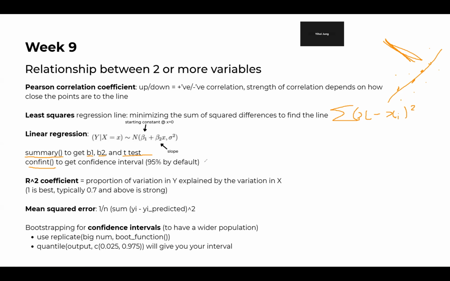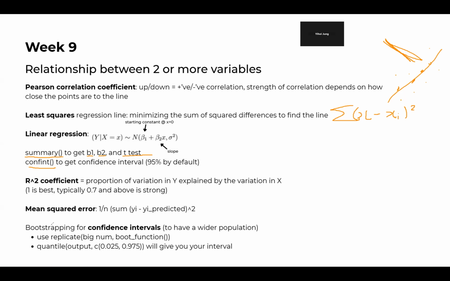So in your exam, if it wants you to interpret your r-squared coefficient, then you can write about that. For your mean squared error, it's just 1 over n, the sum of your yi minus y predicted, squared.